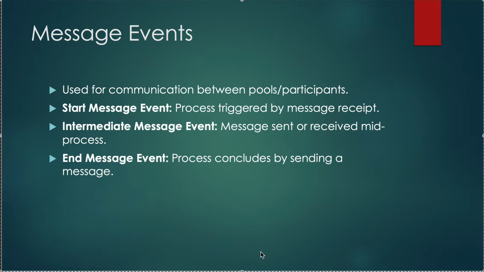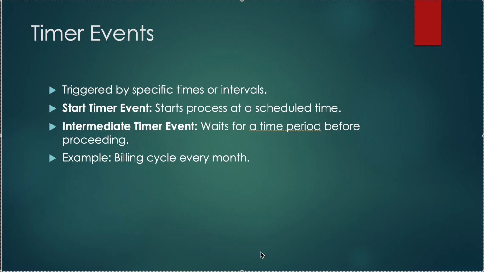And an end message event means the process finishes by sending a message like dispatching a shipment notice. Using message events makes diagrams clearer because they replace generic send or receive tasks with precise symbols.